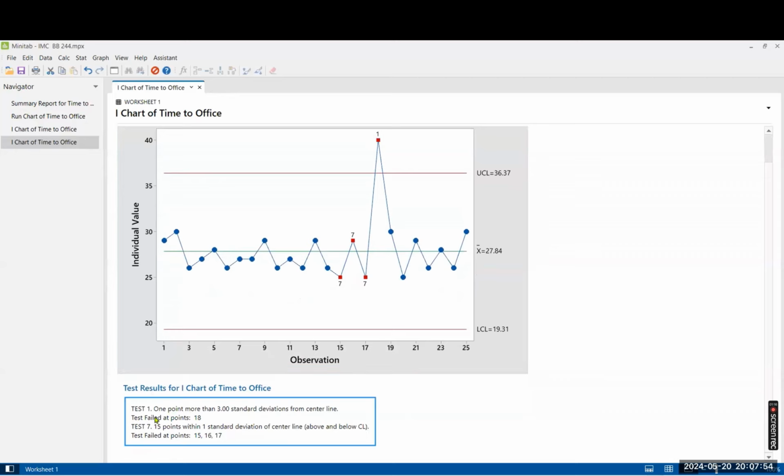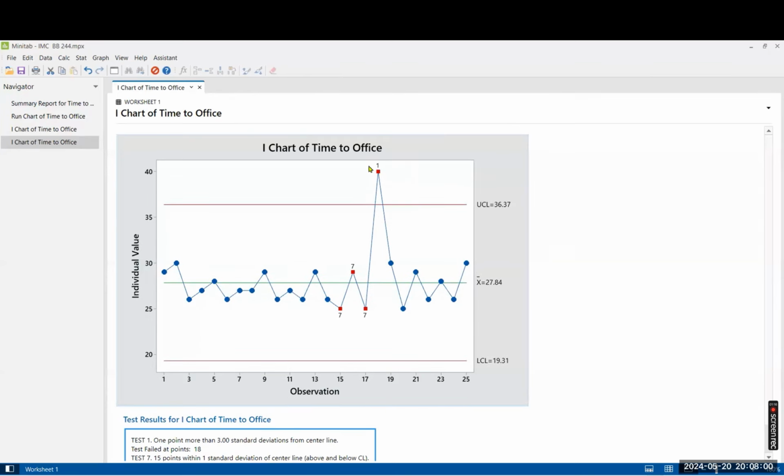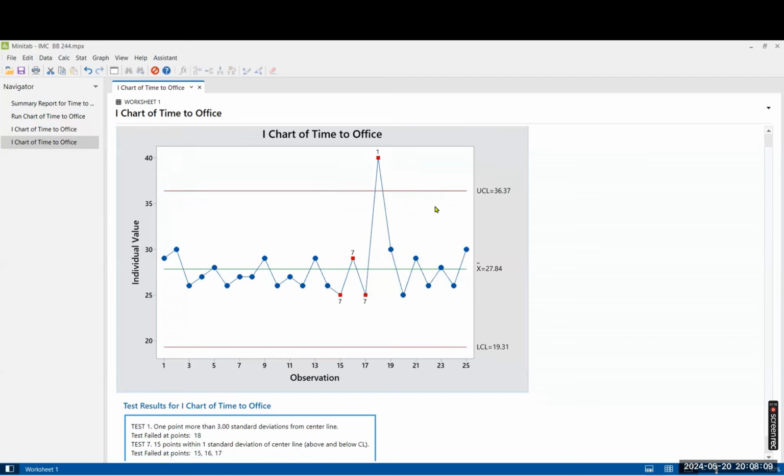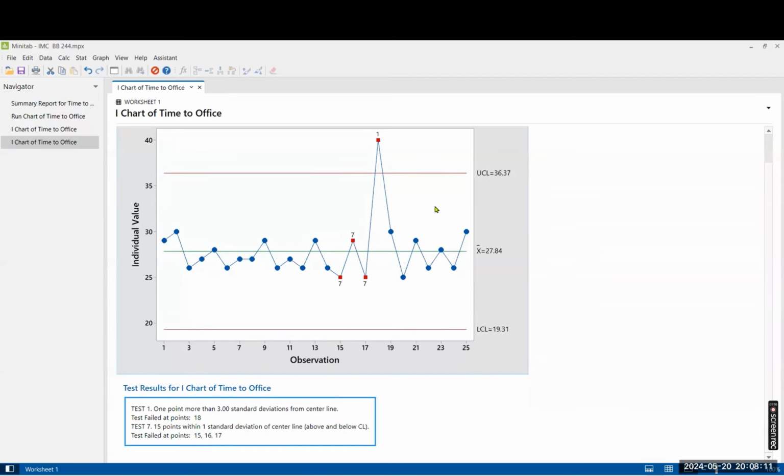What is rule number 1? Any 1 point more than 3 standard deviations from the center line, which is this. This is your 3 standard deviation line, and this point is outside the 3 standard deviation line. So rule number 1 fails here. Rule number 7: 15 points within 1 standard deviation from the center line.